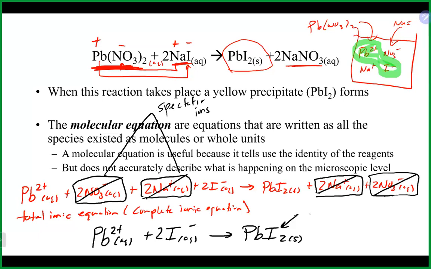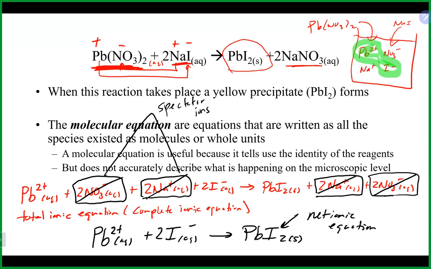And this is what is known as the net ionic equation. And the net ionic equation is pretty much the equation that tells you this is what's happening. What's happening is lead and iodine are going to come together to make that solid.